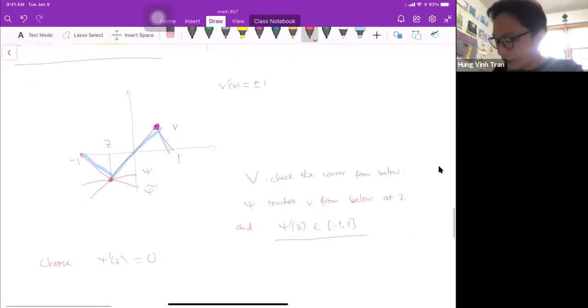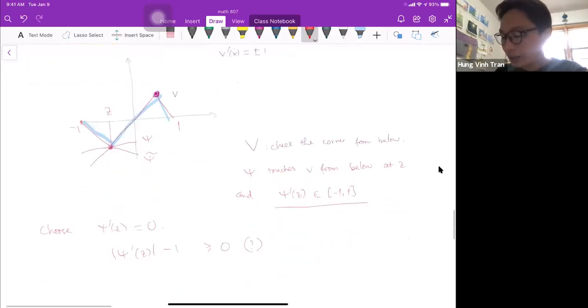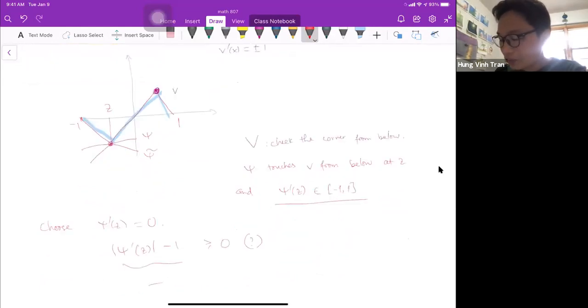And then the supersolution test tells me that I should have c prime of z minus 1 greater than or equal to 0, right? That's what I need. But clearly this is wrong because this one is -1. This is just a contradiction. So therefore, any corner from below is invalid, okay?